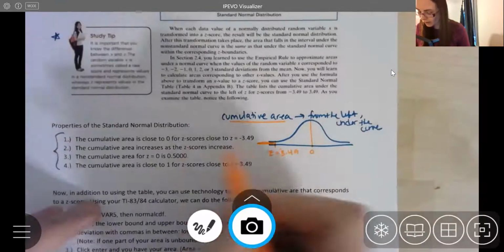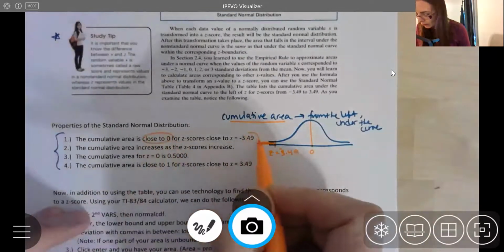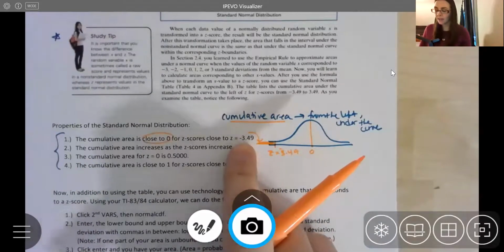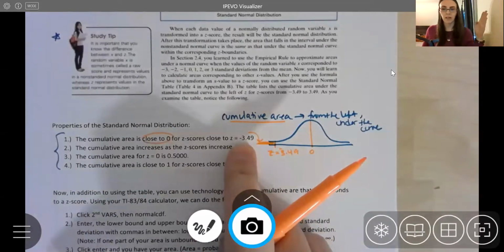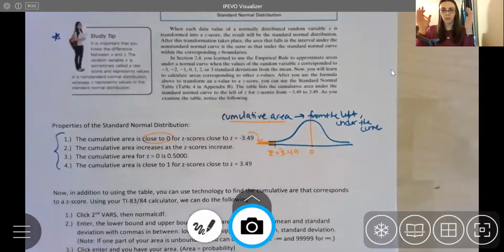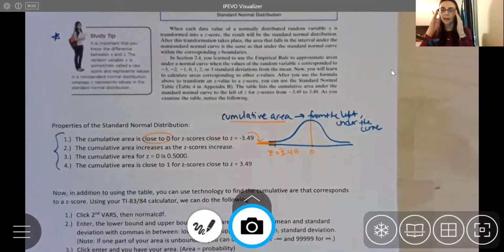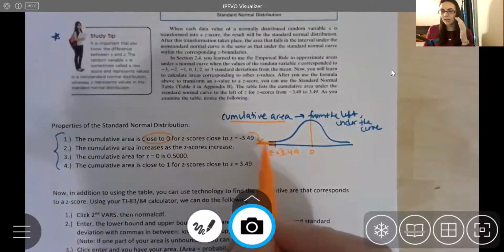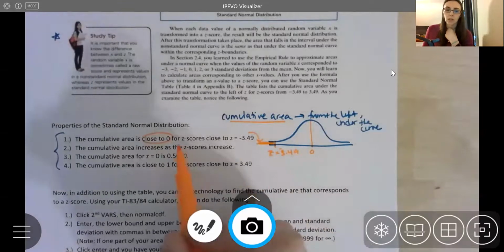So the area is very close to 0 here because that value of negative 3.49 is really far to the left. Again, most of our data is between negative 3 and 3, almost 100%, right? 99.7%. So if you're going beyond that, on the left side here, there's really not that much data there, so that it's close to 0.